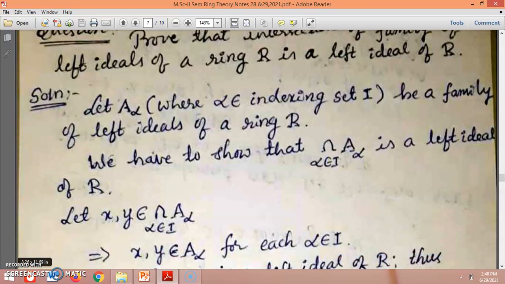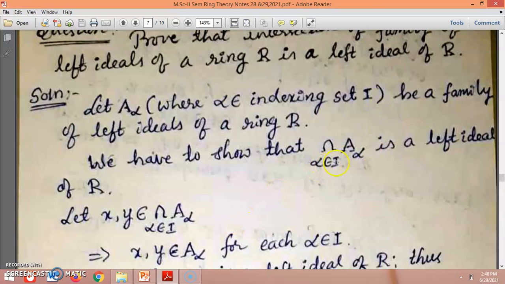So this intersection of A alpha, alpha belonging to I, has to satisfy both properties: closure under addition, and that for elements of this intersection and elements of the ring R, the product stays in the intersection. So the second property also holds good.